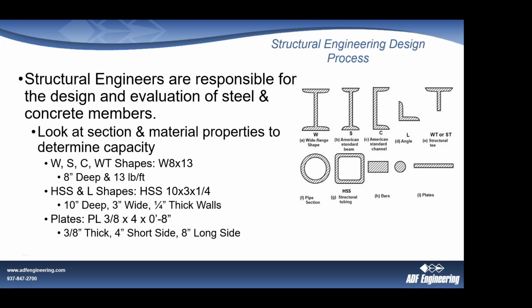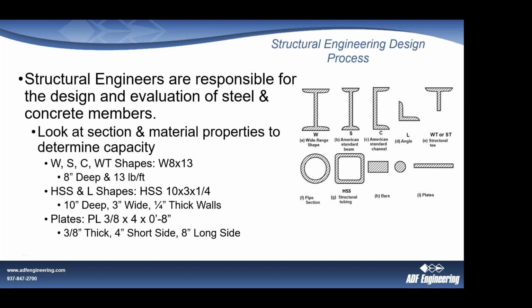We also look at tube steel shapes, or HSS shapes, and those are a little bit simpler. They're just three numbers: the height, width, and thickness dimensions. Plates are similar, with the thickness first, and then the long side and the short side after that.